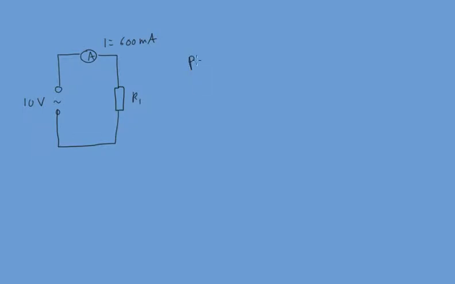But because power is current times voltage, we don't need the resistance to work out the power of this circuit. We have 600 times 10 to the minus 3 times 10, which gives us 6 watts.